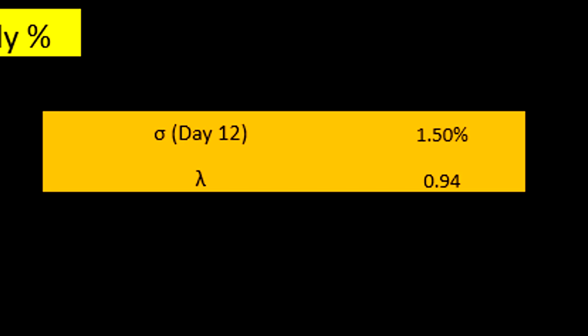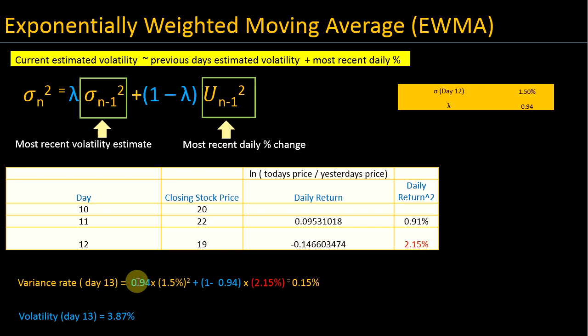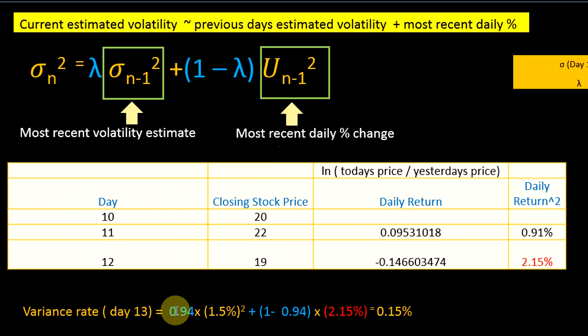So you take your most recent volatility estimate, 1.5%, you square it, and we are applying a lambda of 0.94. In other words, we are giving a very high weighting to the most recent volatility estimate. Remember, a lambda of 0.94 is the standard accepted RiskMetrics lambda value.